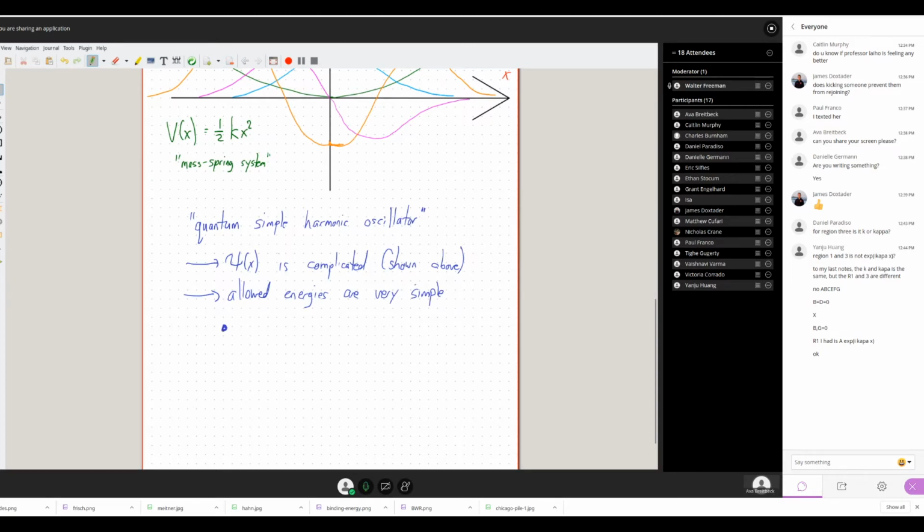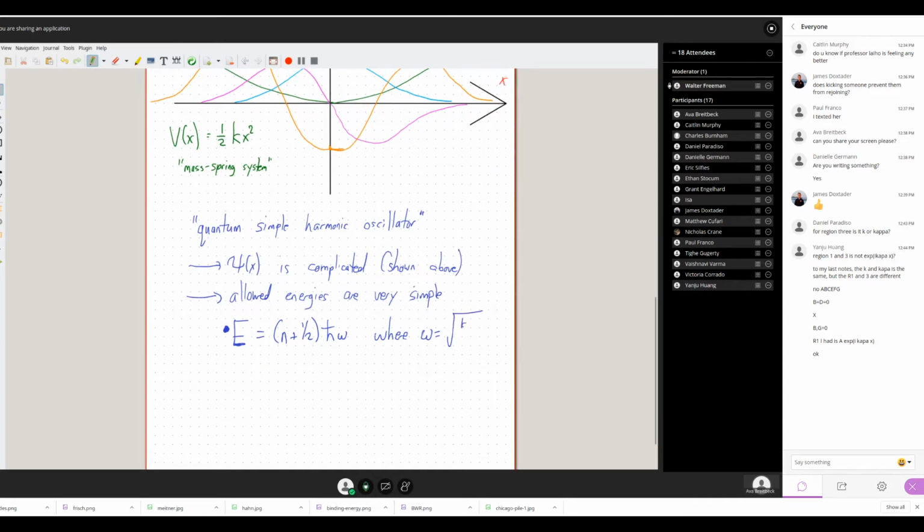And this is what you need for your homework. The nth energy level, well, I'll write it this way. The allowed energies are n plus a half times h bar omega, where omega is the square root of k over m.